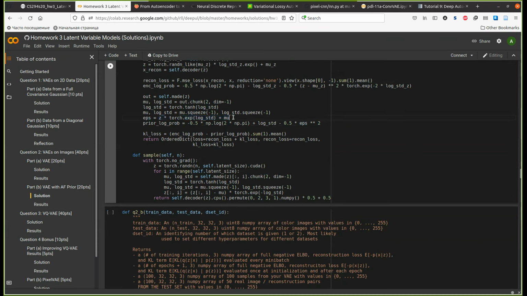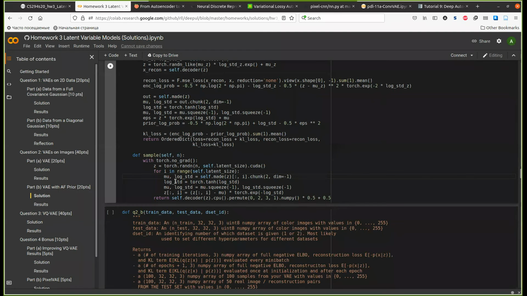So this is an invertible transformation, and during sampling we sample a normally distributed random variable, right? And then we recursively feed it to the model. Then we take the i-th component of the mean and standard deviation, which is conditioned on our latent variable, right?